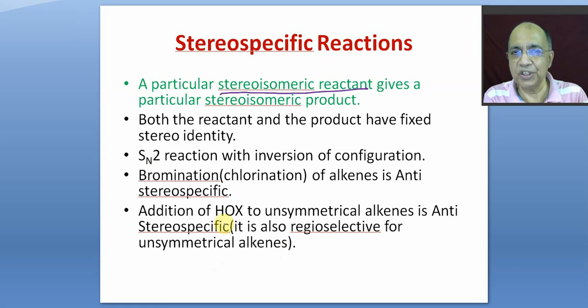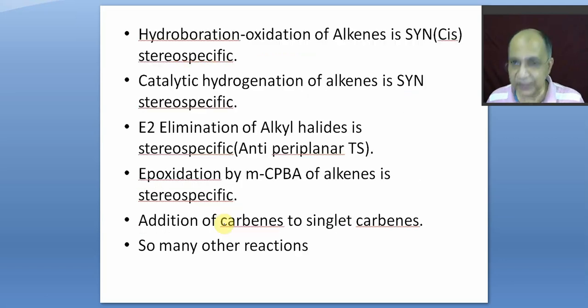A fixed stereoisomeric reactant will give a fixed stereoisomeric product. Let us take an example. There are so many examples. Hydroboration-oxidation of alkenes is stereospecific. It is syn or cis stereospecific. Catalytic hydrogenation of alkenes is syn stereospecific.